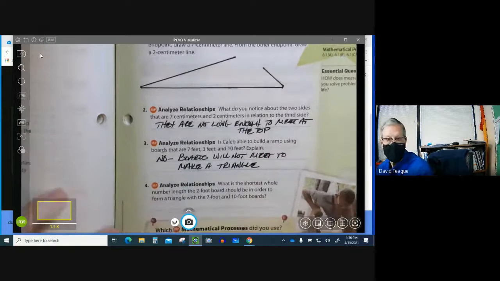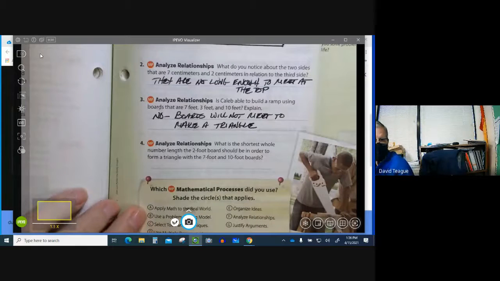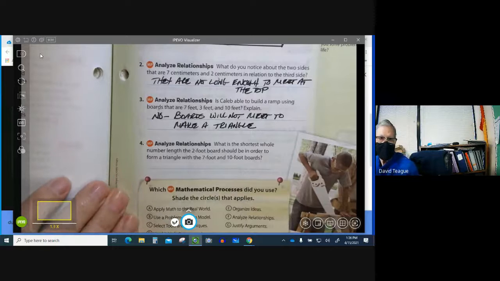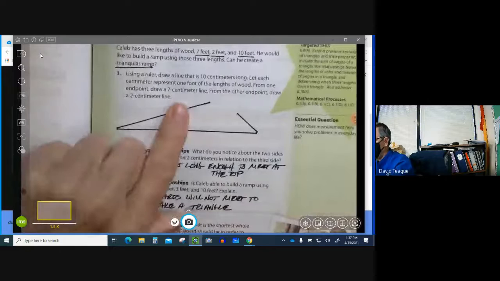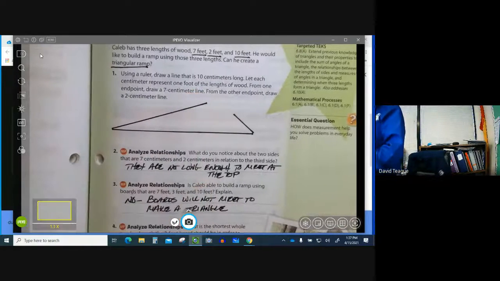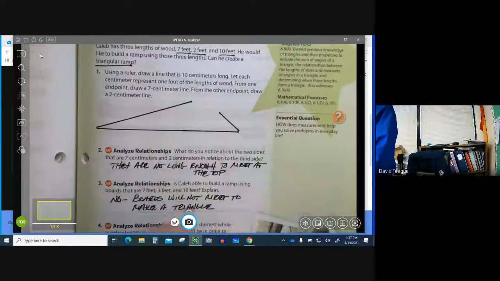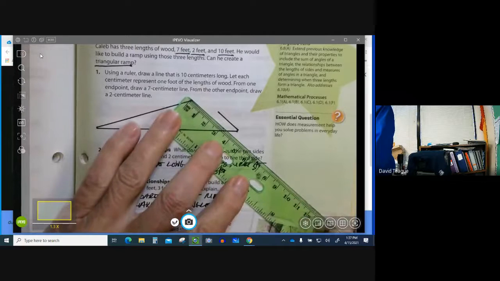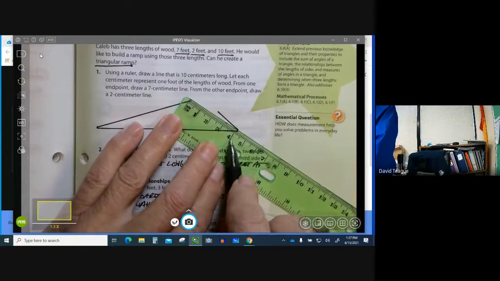Okay, number 4. It says, what is the shortest whole number length the 2-foot board should be in order to make a triangle with the 7-foot and 10-foot boards? And up here they're saying 1 centimeter is equal to 1 foot. So if I take my ruler and put one end on the end of that board and go over here, I notice that it'd take 4 feet.